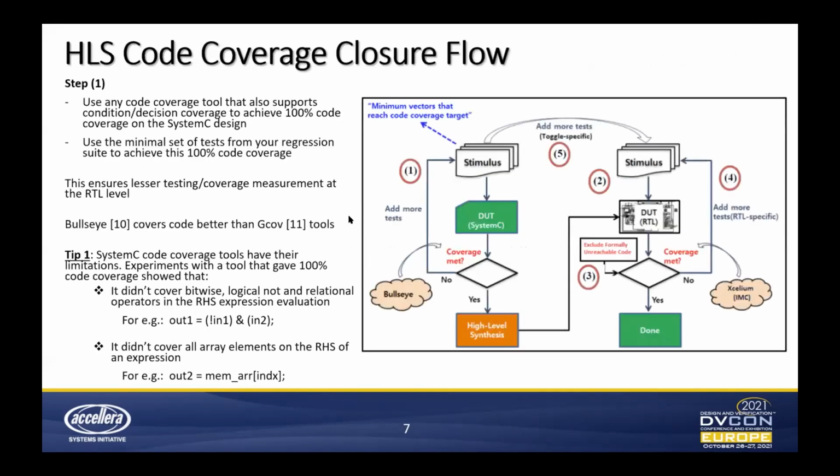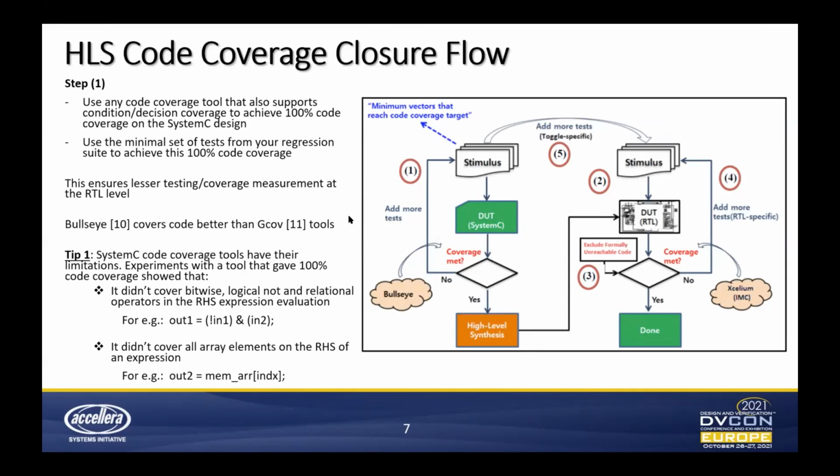This and the next few slides talk about the HLS code coverage closure flow that we have developed. Closing code coverage earlier in the HLS flow is extremely difficult, and there isn't any well-defined procedure to achieve this before RTL sign-off. It is impossible to completely close code coverage at the SystemC level.